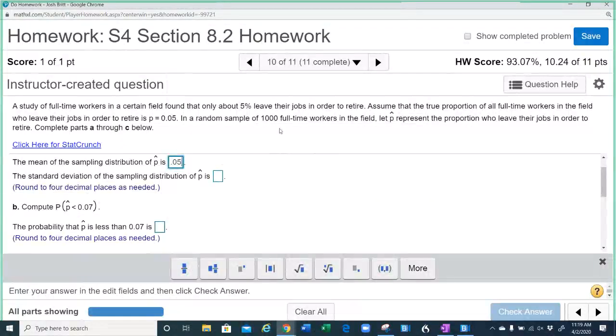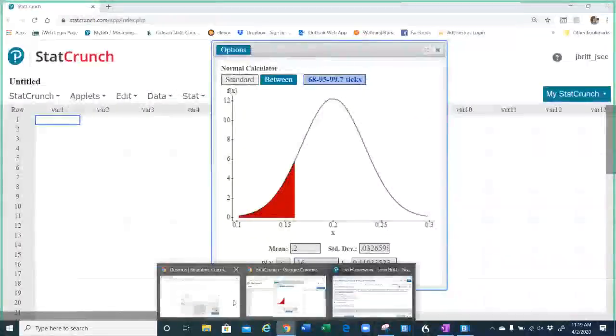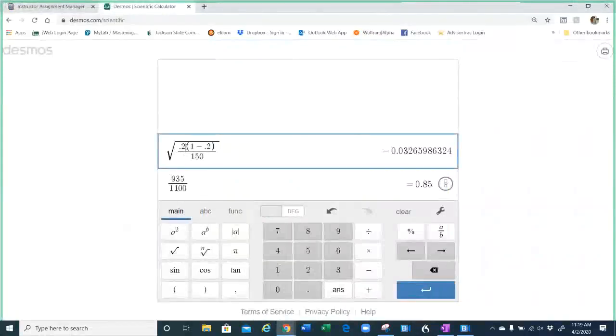So let's get standard deviation here. 0.05 times 1 minus 0.05 over 1,000, standard deviation here, 0.02179449.